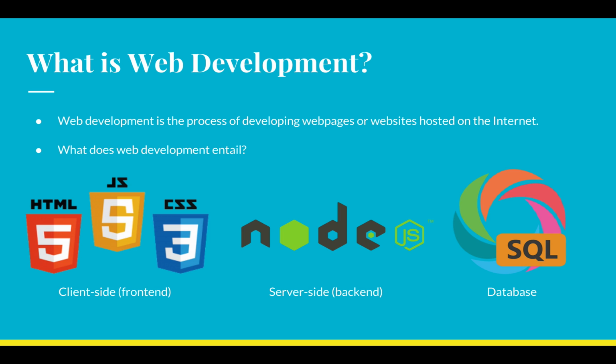MySQL and PostgreSQL are two major relational databases, and MongoDB is a major non-relational database. This workshop will be going over three primary ways of doing web development, so please keep in mind how these three components relate to the techniques we will be going over.